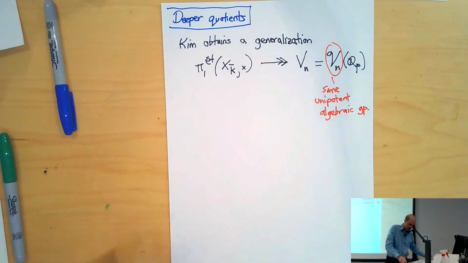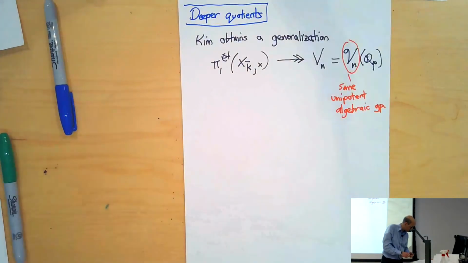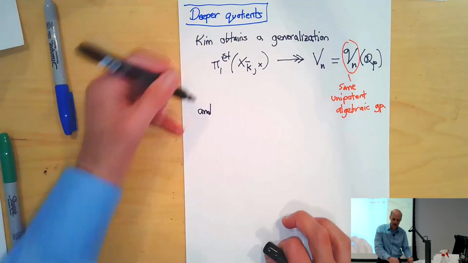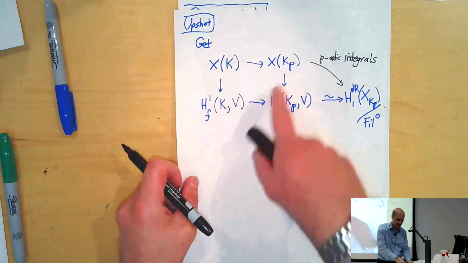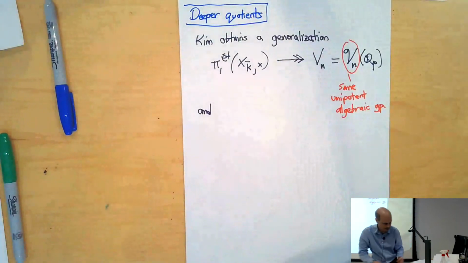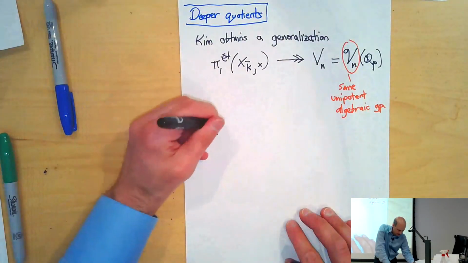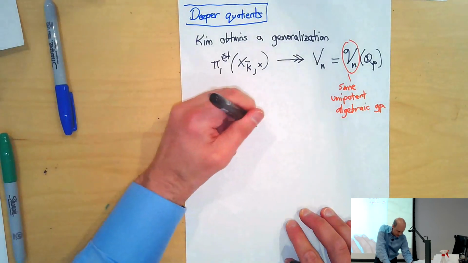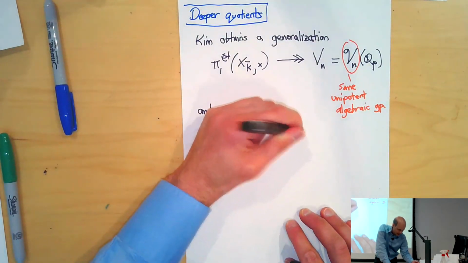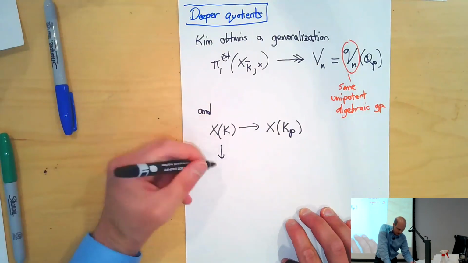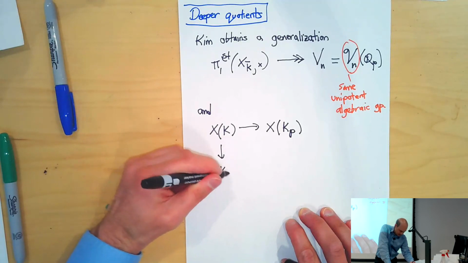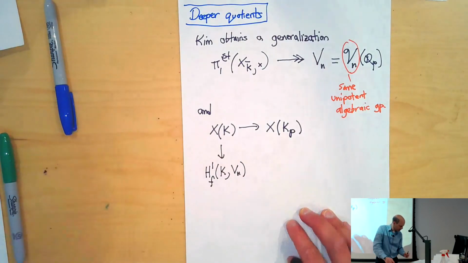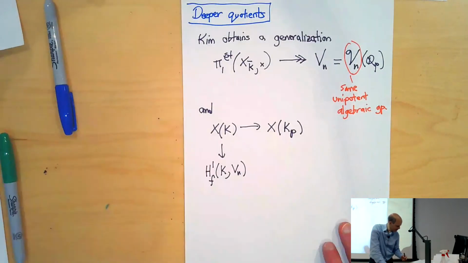Again, it's compatible with the G_K actions, and he also managed to get an analog of this diagram here. This Chabauty diagram will have a nonabelian analog, and it'll look like this. The upper part is more or less the same: you have the global points mapping into the local points. And then here you'll have some version of a Bloch-Kato Selmer thing.